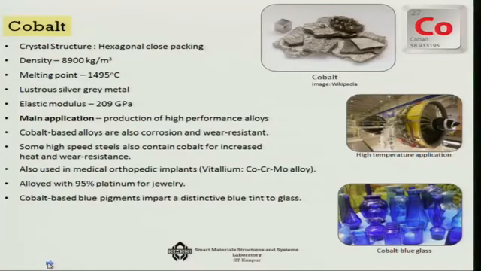Next, we are going to talk about cobalt. Okay. So, cobalt, we have already seen that it is used, for example, with steel as an alloy or also with other metals, but on its own cobalt has a hexagonal close packing HCP, density similar to nickel 8900, melting point also is very high, and the luster is silver grey, elastic modulus is about 209 gigapascal, considerable, it is like steel.